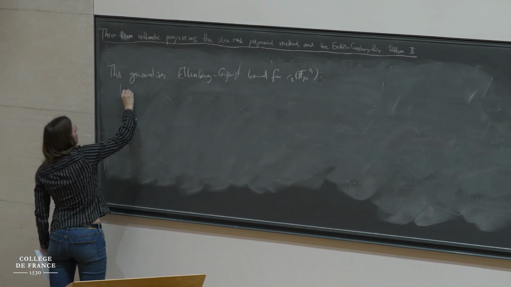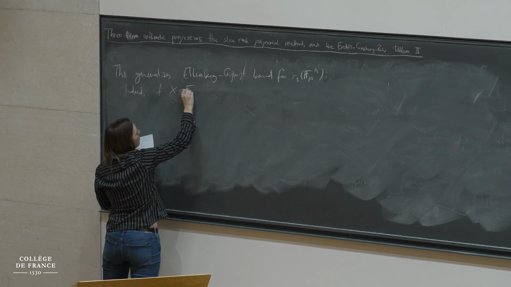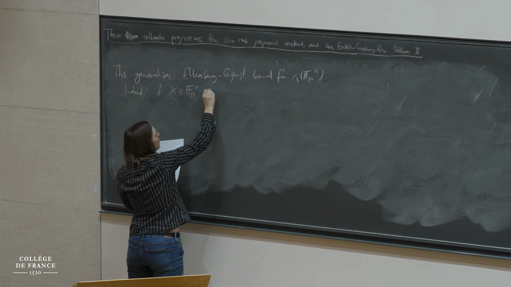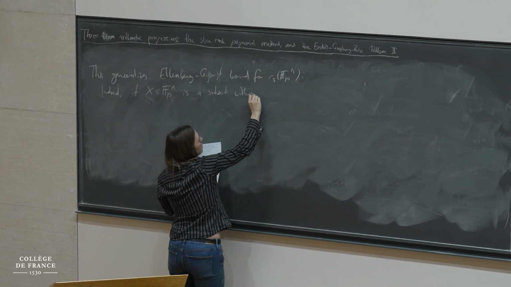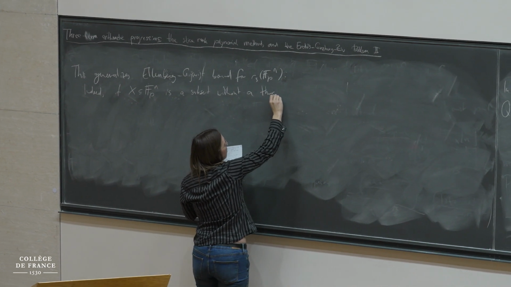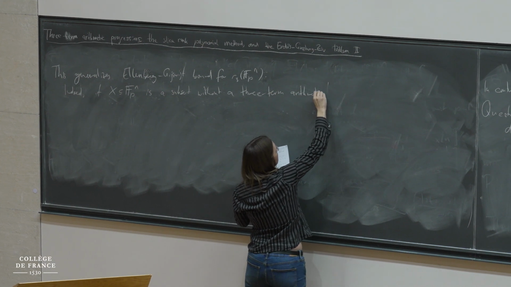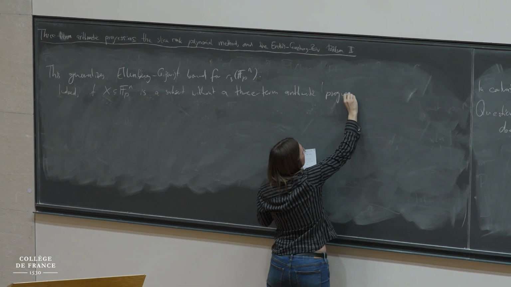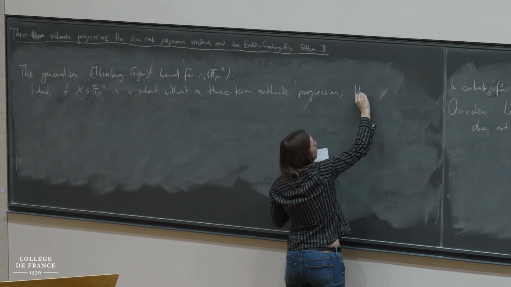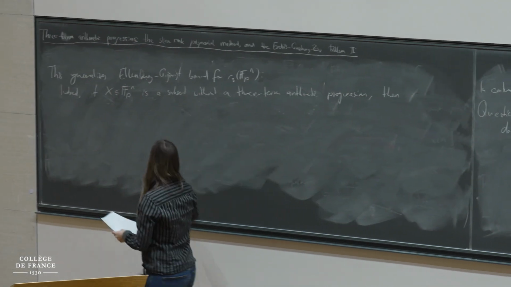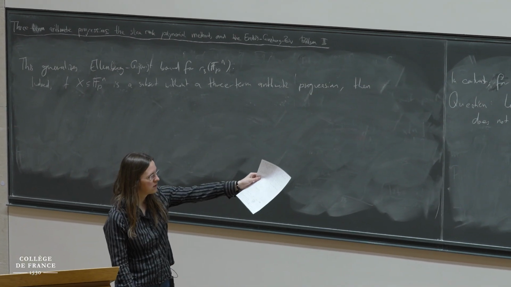Namely, if you start with a subset of F_p to the n without a three-term arithmetic progression, then from that set we can construct a list of triples of vectors satisfying this condition.